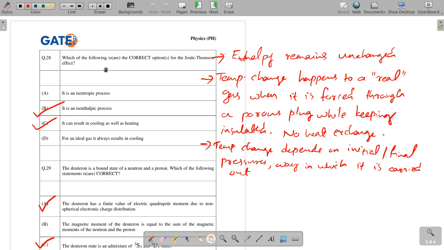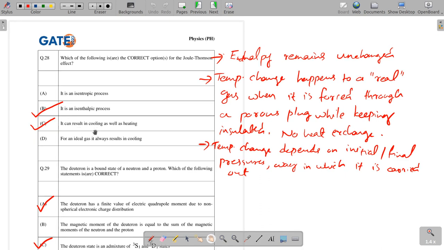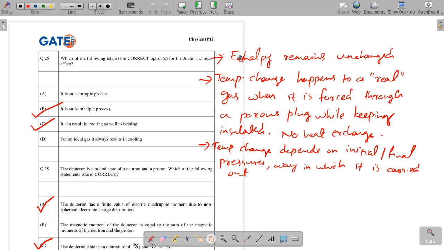So the question, which of the following are correct? The options are: is it an isoentropic process, is it an isoenthalpic process, can it result in cooling as well as heating, and for an ideal gas, does it always result in cooling. I actually googled about this, and this is what I found. Enthalpy remains unchanged during this process. So it's an isoenthalpic process, the Joule-Thomson effect. Temperature can change, but it's the enthalpy that stays the same. Heat exchange can happen, but that does not mean enthalpy can change.